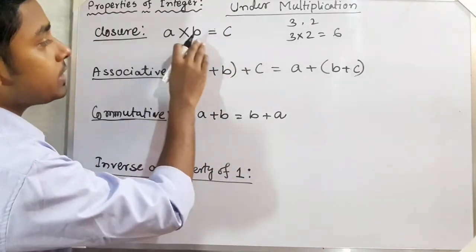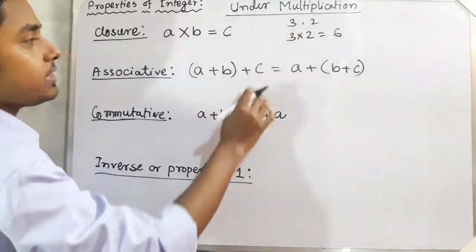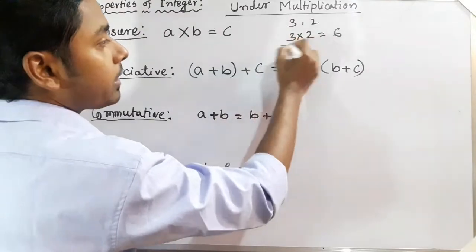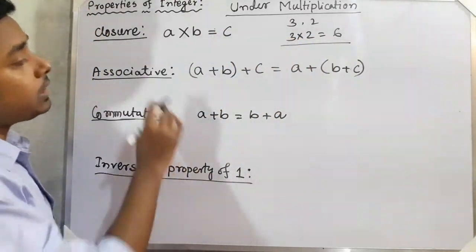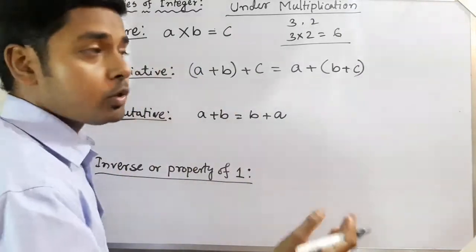Product of two integers will also be an integer, and these are examples of the closure property.